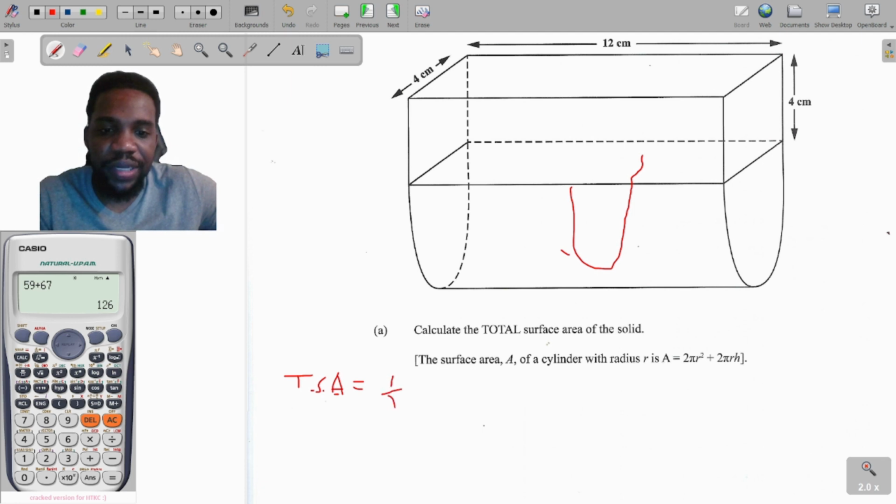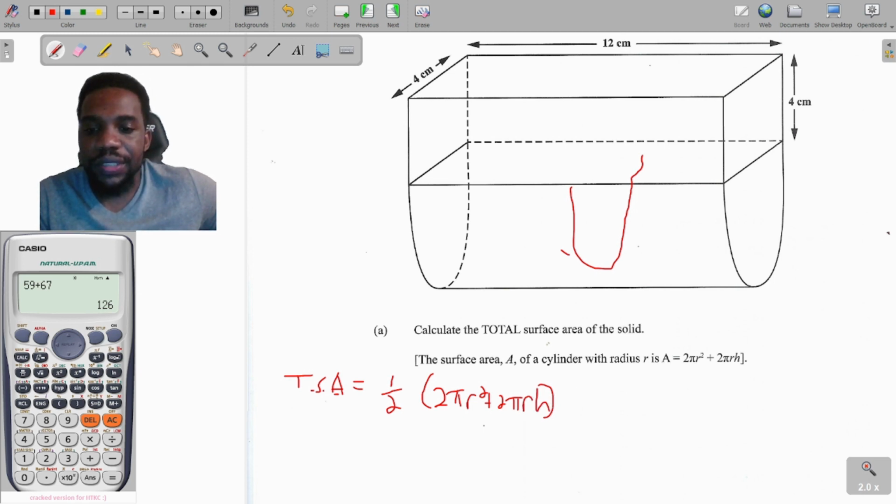So it's going to be half times the total surface area of the cylinder, which they give you here, because half of it is missing, of course. It's semicircular. So it's going to be a half of 2 pi r squared plus 2 pi r h.